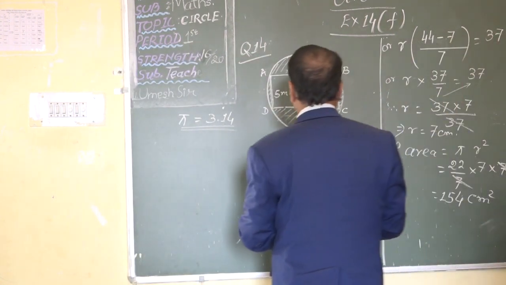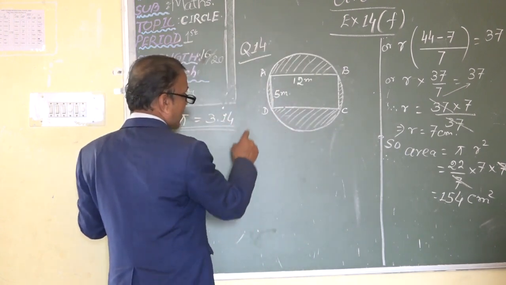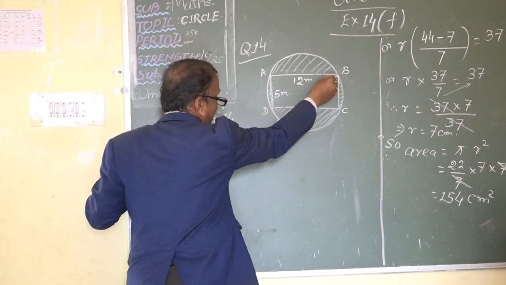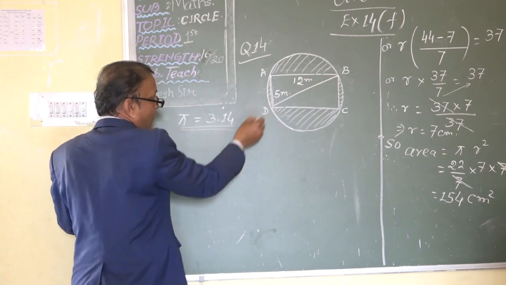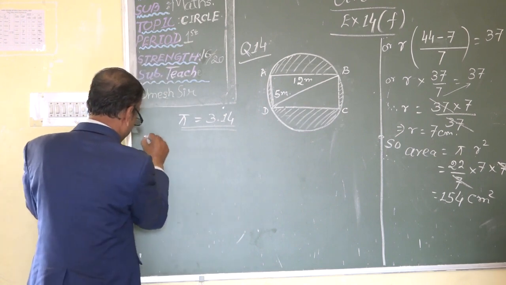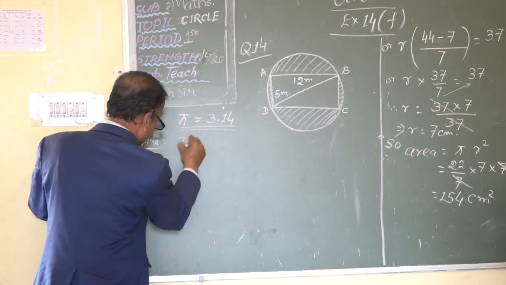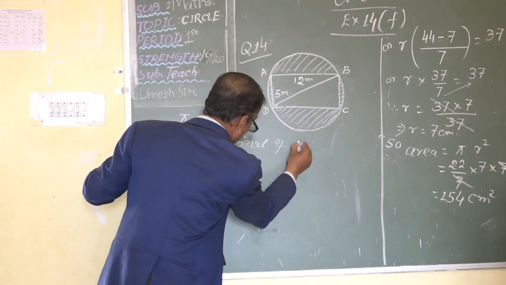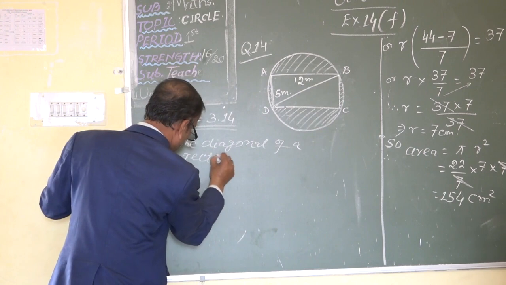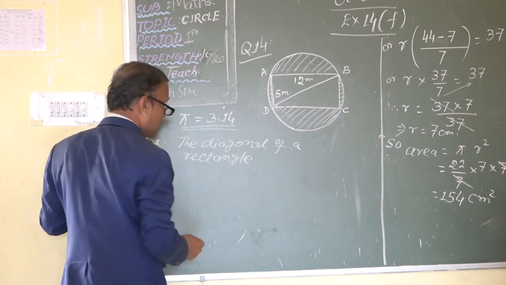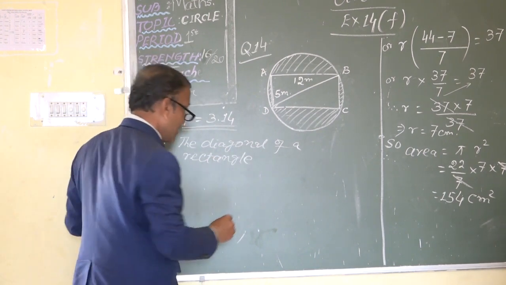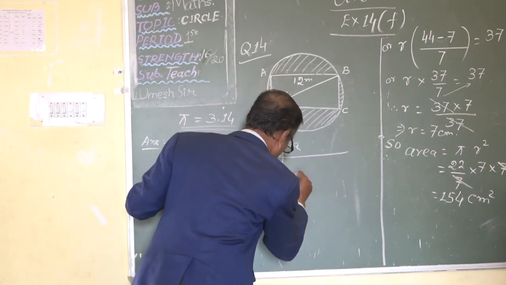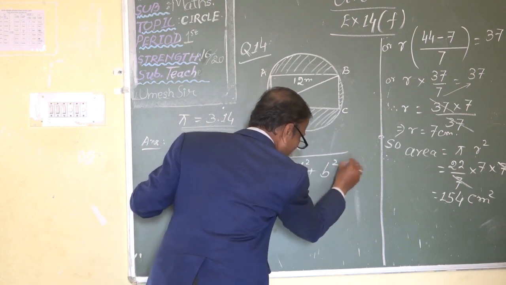Now, here you see, this is 12, this is 5. We know the diagonal of a rectangle. The answer I will do now. The diagonal of a rectangle, no murmuring please. The diagonal of a rectangle is equal to root over L square plus B square.